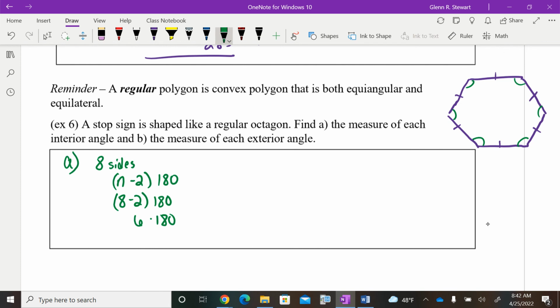We'll end up with a total for the interior angles of 1,080. I believe we found that out with our warm-up at one point. If we're looking at the whole, it's 1,080 degrees, but for each interior angle, we take 1,080 and divide it by 8. So each angle measures 135 degrees.